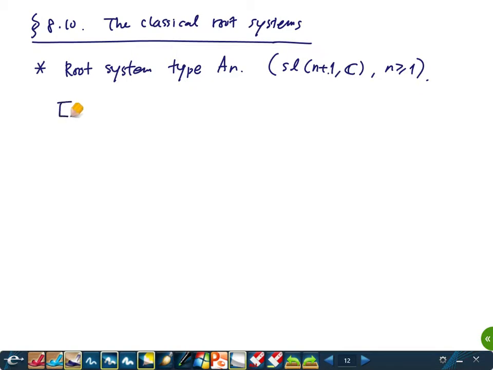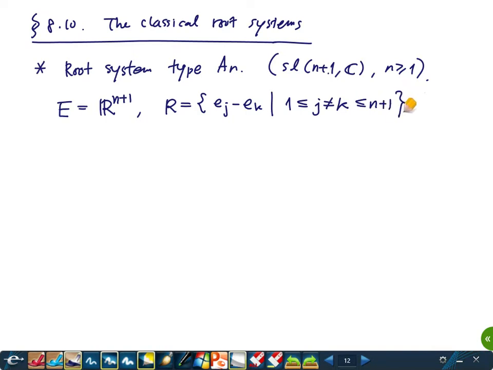And what is this E? E is R to the n plus 1. And delta is Ei minus Ei plus 1, also up to n, because we are up to n plus 1.